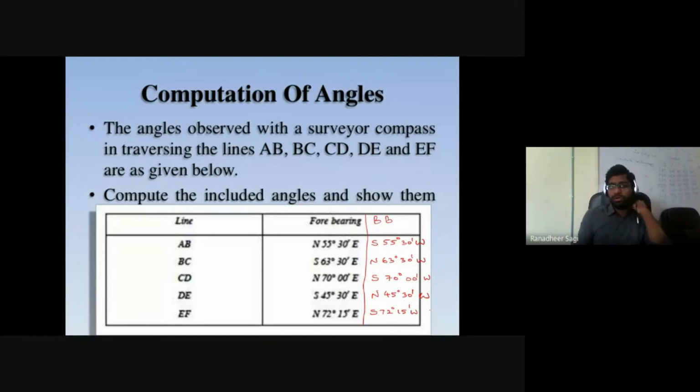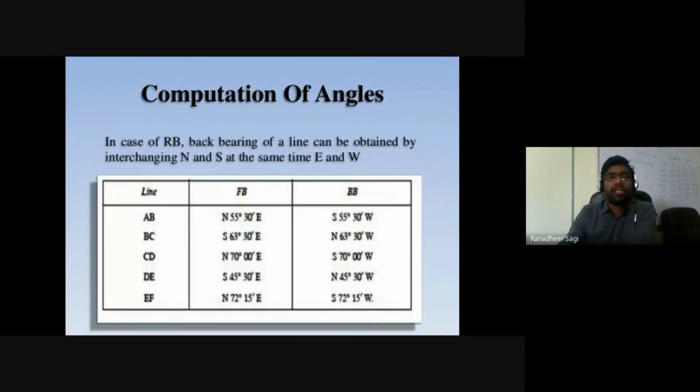So four bearings of all those lines are anyhow given in the problem, and back bearings of all those lines we have calculated. Once four bearing and back bearing of all those lines are known, then simply we can go ahead in drawing a rough sketch for calculating the included angle between each of those lines meeting at stations.